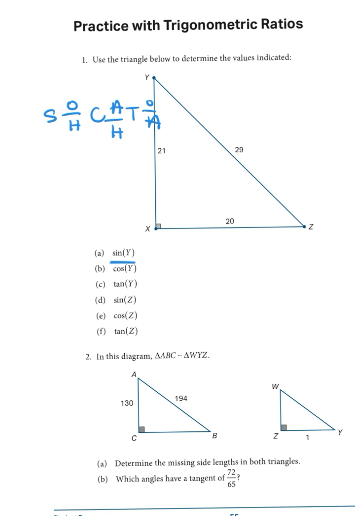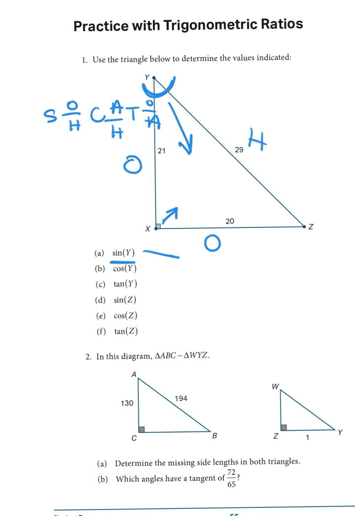So they want us to find sine y. So this is y. That means that my opposite is going to be right here, because that's the one across. My hypotenuse is the longest leg, but also another way to figure it out is you look across from that square, and that would be my hypotenuse. So that leaves that this is my opposite.